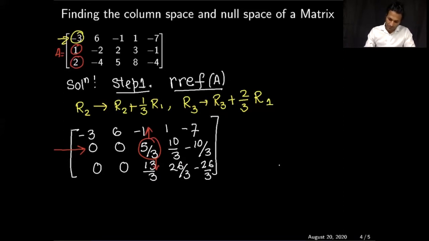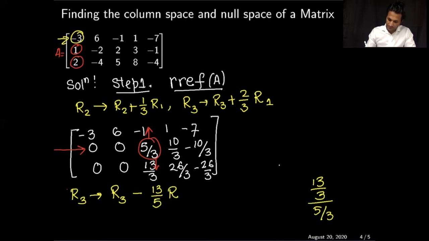In order to eliminate 13/3, I will use the operation on R3: R3 minus, the entry to be eliminated is 13 divided by 3 and the pivot is 5 divided by 3, so this is 13 divided by 5, and you multiply that to R2. So I will use that operation to eliminate this entry.